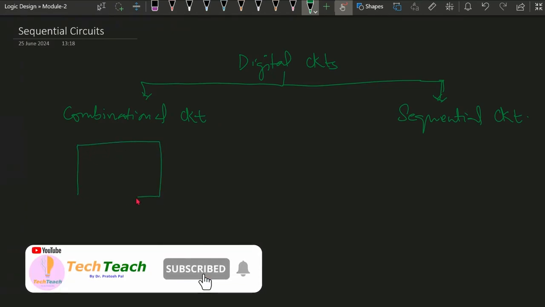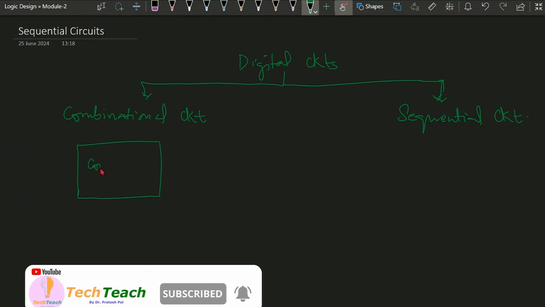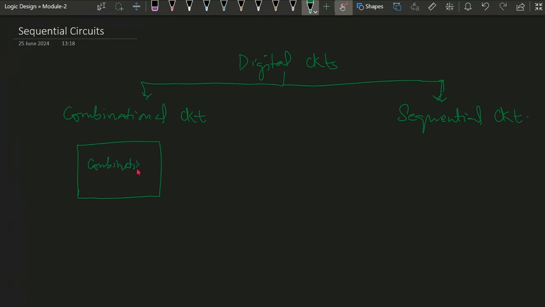So if it is a combinational circuit, any combinational circuit will have a few inputs and a few outputs. It can be either one output or more than one output. In combinational circuits, whatever the input is, that will be responsible for the output.